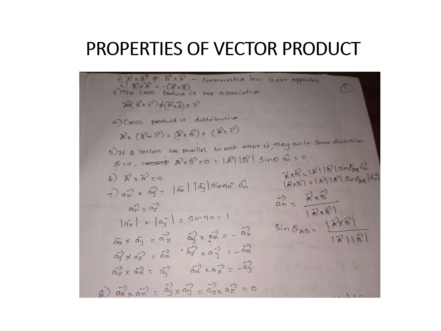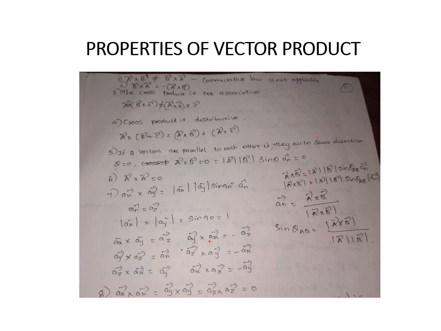We have studied the Cartesian coordinate systems. X, Y, Z are mutually perpendicular to each other. The Z axis is perpendicular to X and Y, and the X axis is perpendicular to Y and Z. That concept is applied here. So Ax vector cross Ay vector, with sine 90 degrees equal to 1, is equal to Az vector.